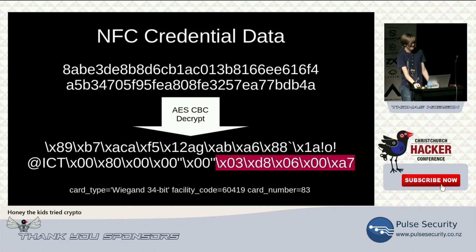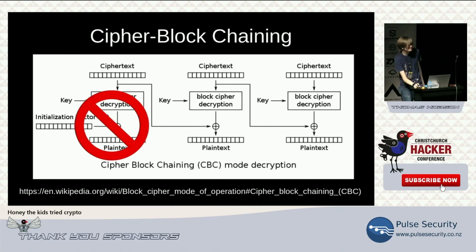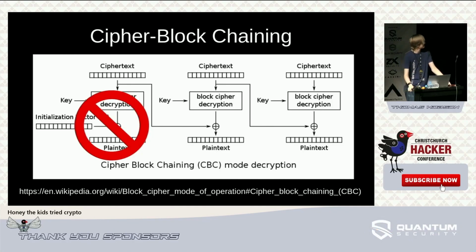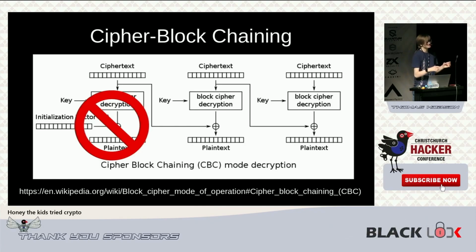CBC stands for cipher block chaining. This is a diagram I ripped off Wikipedia. It's really helpful. AES is a block cipher, meaning it doesn't work with variable sizes. It only allows you to encrypt 16 bytes at a time. So we're going to run the thing through a CBC decrypt.